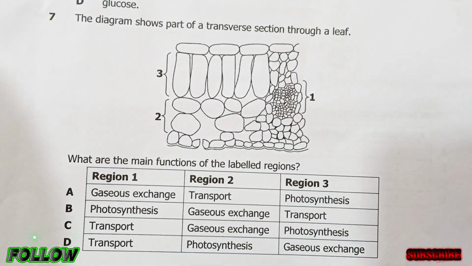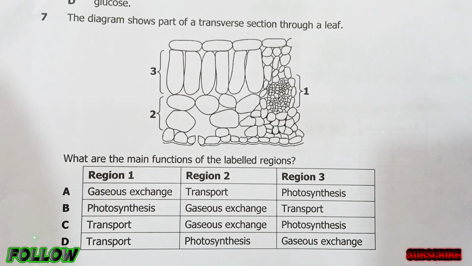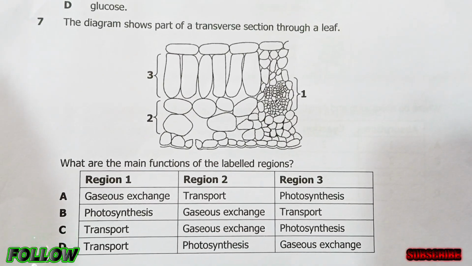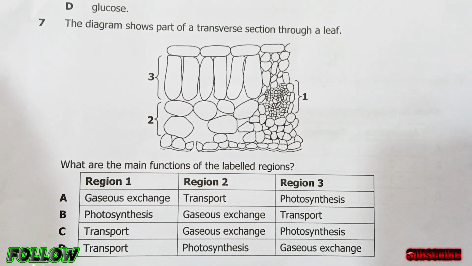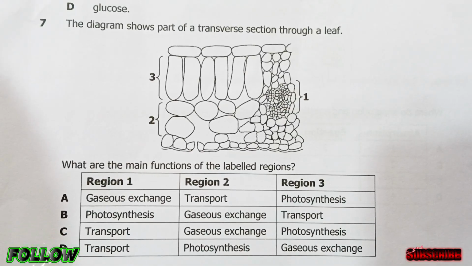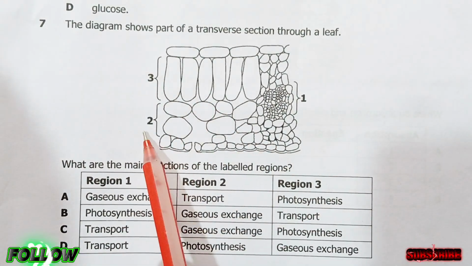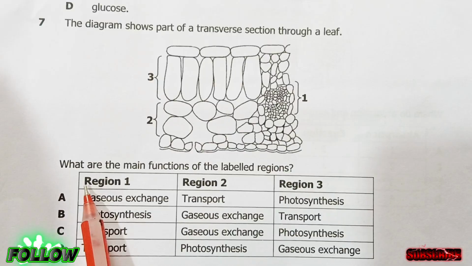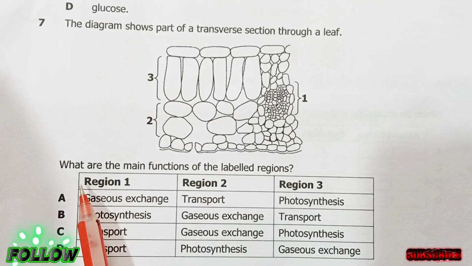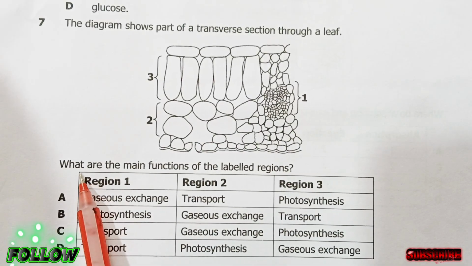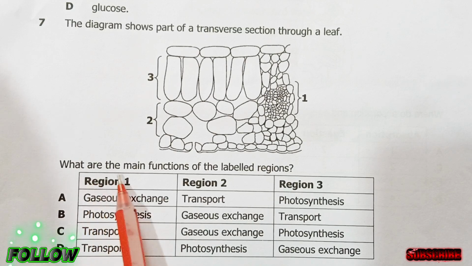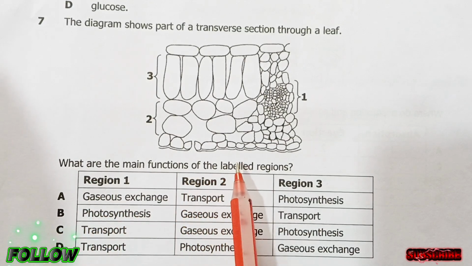The last question was saying, the diagram shows part of a transverse section through a leaf. There were regions 3, 2, 1, and the question was saying, what are the main functions of the labeled regions?